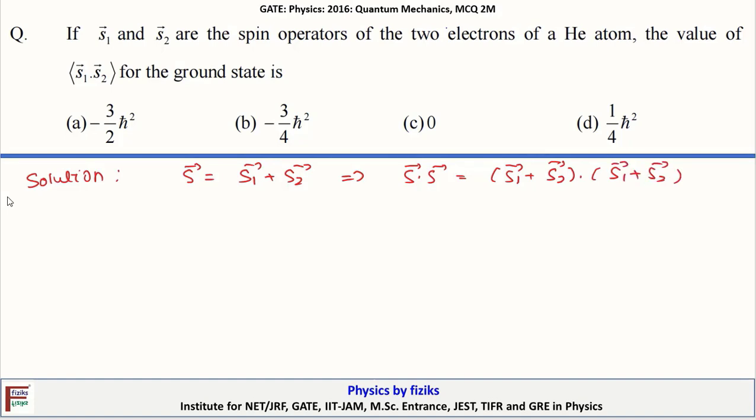So we can write S square is S1 square plus S2 square plus 2 S1 dot S2.